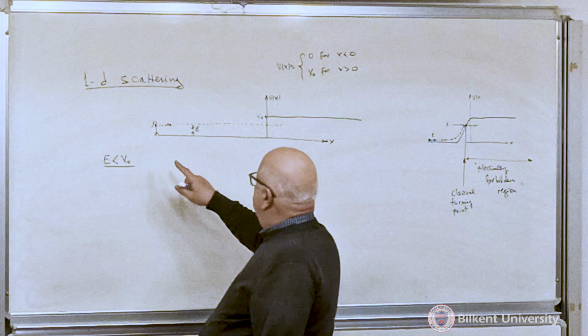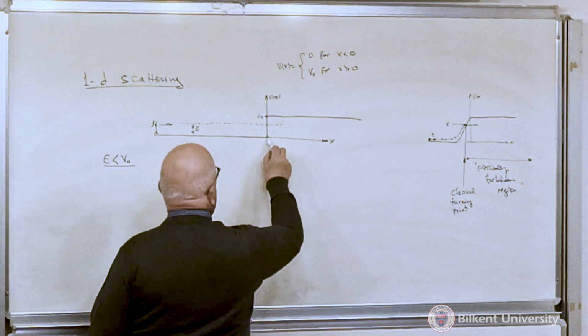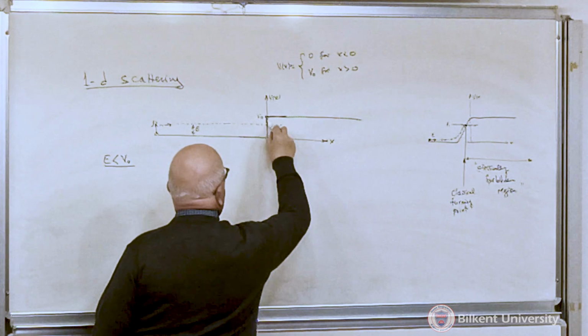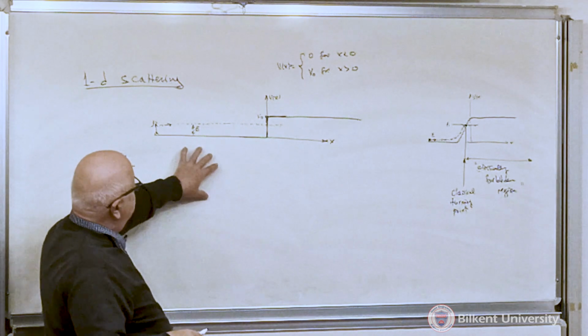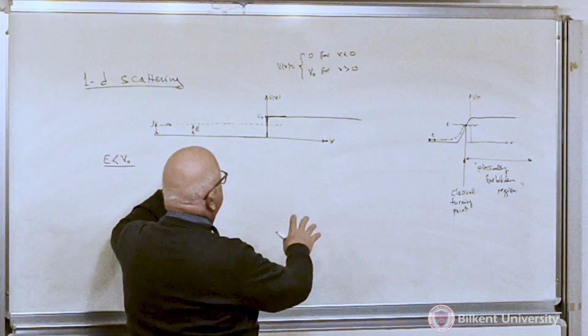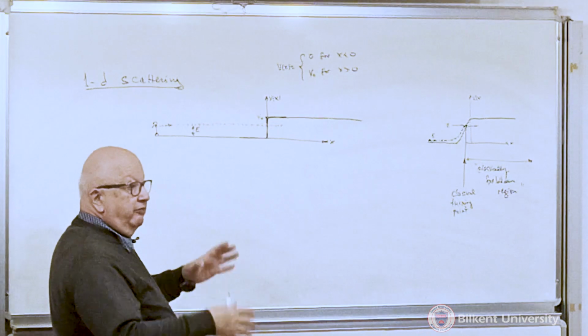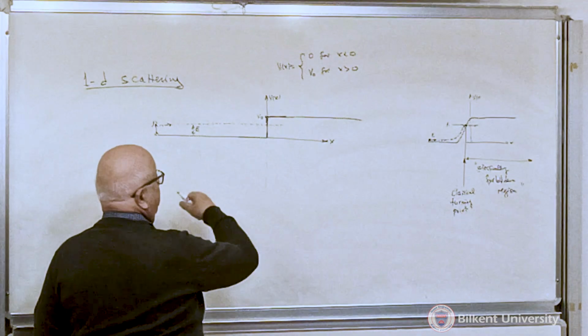Since this is a piecewise constant potential, we'll first solve the Schrödinger equation for each region, and then we'll match the solutions at the boundary so that we get a full solution.